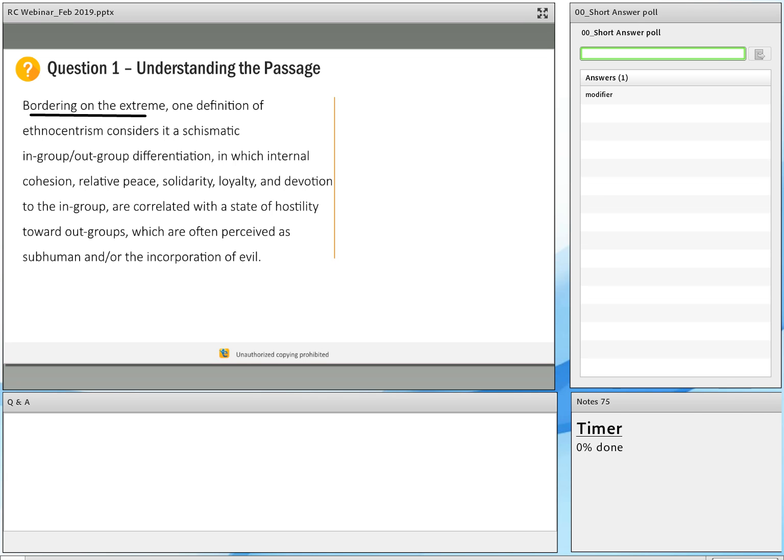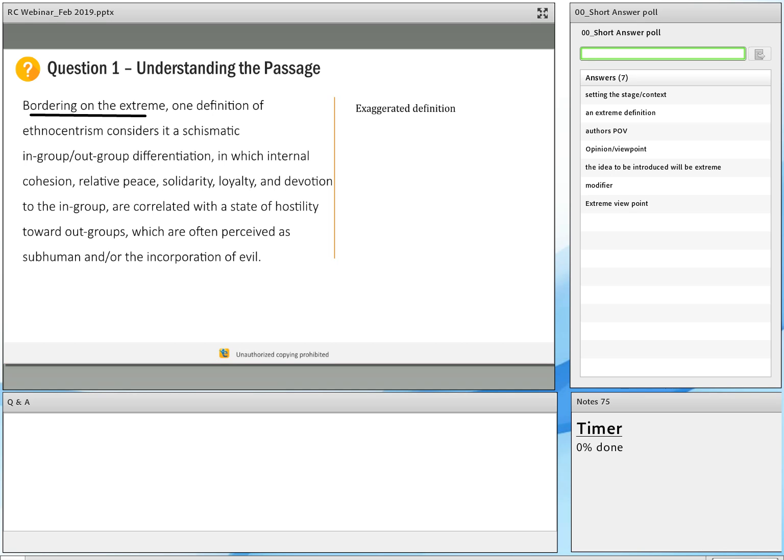Bordering on the extreme, one definition of ethnocentrism considers it a schismatic in-group out-group differentiation. Okay, so when you look at this and you really say, hey, bordering on an extreme, you say, hey, this is an author's point of view, and what the author is saying is this is an exaggerated definition.